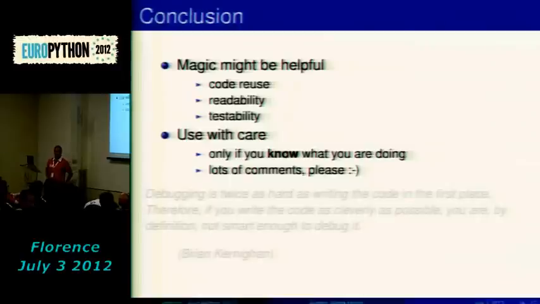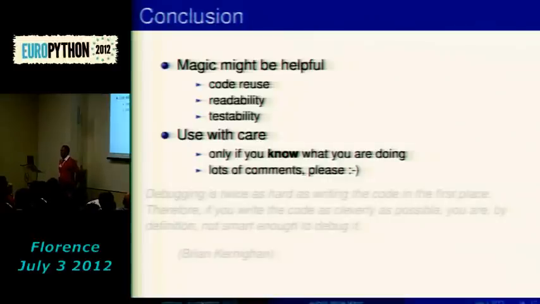Question if you have. So what is the conclusion of this talk? Well, there are these magical features, they might be helpful because I don't know if I managed to convince you that it's a good idea to use them, but from my point of view, somehow it really helps to reuse existing code, to improve the readability, to improve the testability. Well, this was the last magic that I didn't show.